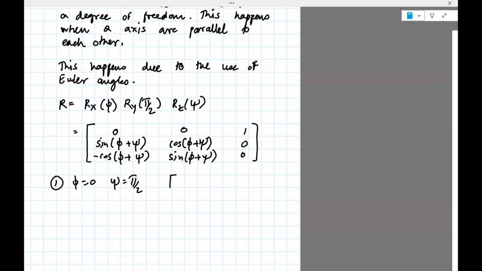Okay, so you'll end up with 0, sine of pi divided by 2 is 1, minus cosine of phi plus psi, which is 0, 0, cosine will be 0, 1.